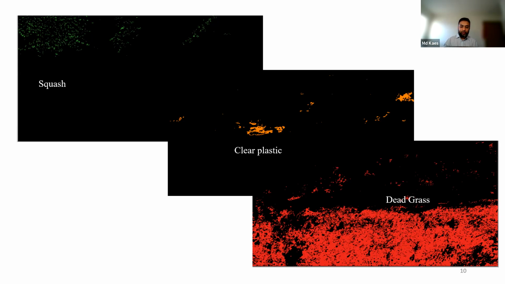And the red picture is showing the dead grass. So in the picture we are showing, the dead grasses are mostly available in those areas. It's really evident that last summer was really dry and he had a lot of dead grass in his pasture.